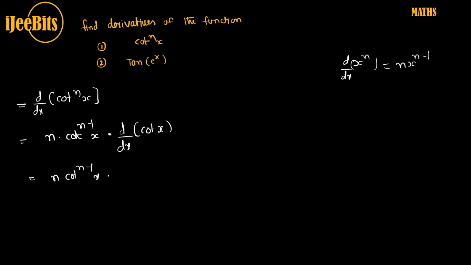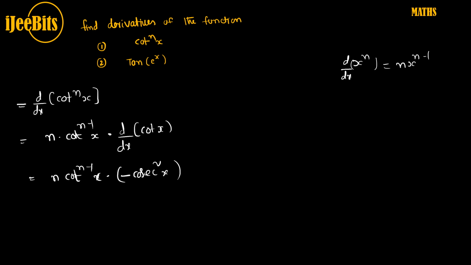What is this one? It is minus cosecant square x. I think we studied this in the beginning of the class. So your answer would be n cot^(n-1) x into minus cosecant square x. This was your final answer.